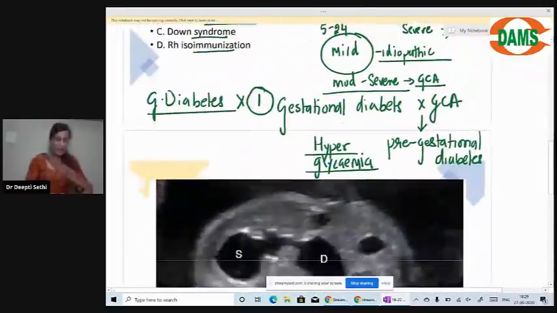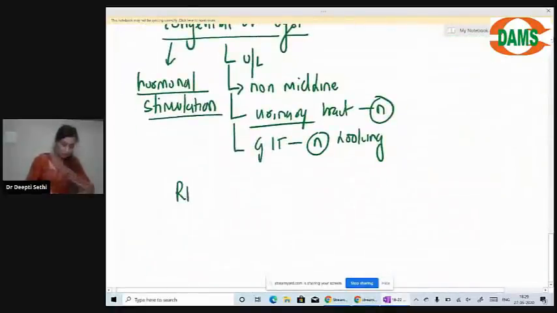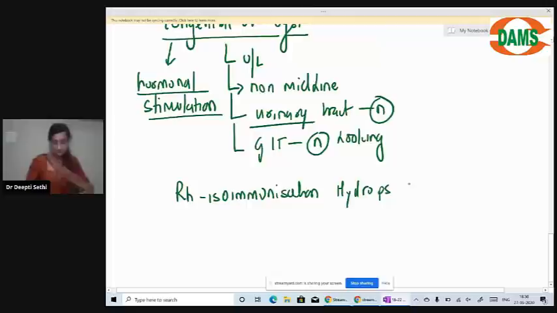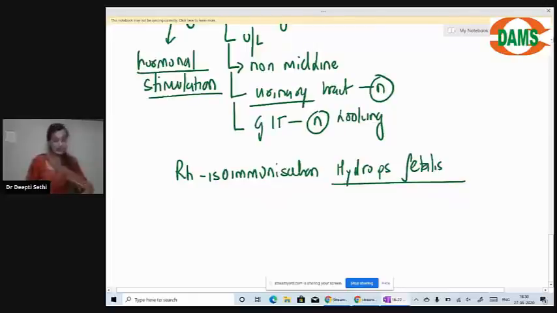Option D says RH isoimmunization. Yes, RH isoimmunization is a condition which can be associated with hydrops fetalis, right, or heart failure. And if there is hydrops fetalis, as a regulatory mechanism, the baby is going to have polyuria, right?